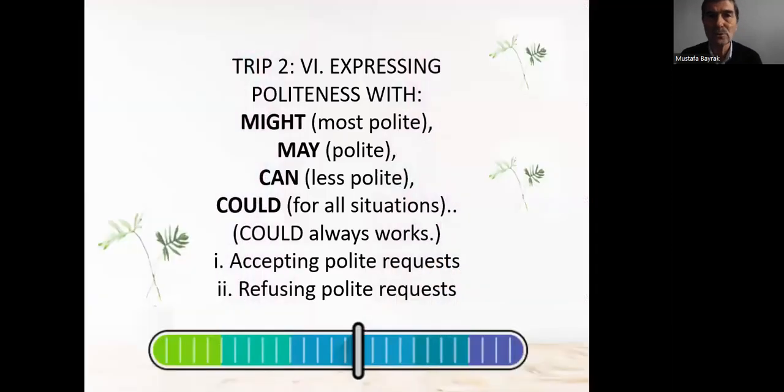Number 6, expressing politeness with might, may, can, and could. These are four of the simple modal verbs. First of all, let me clarify this. They are used only in present situations.